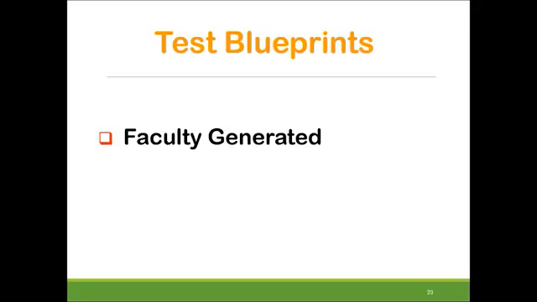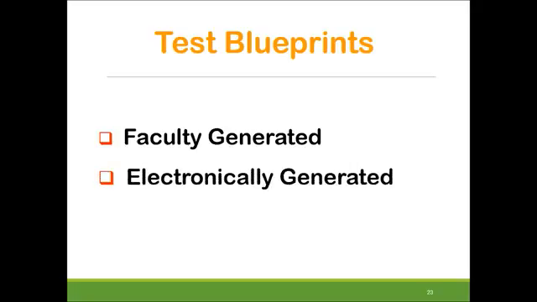What's really necessary at this point in time is the electronically generated blueprint, because there's so much more rich data that can be incorporated into the test blueprint when the computer pulls it all together from the available information that's stored in the item bank.